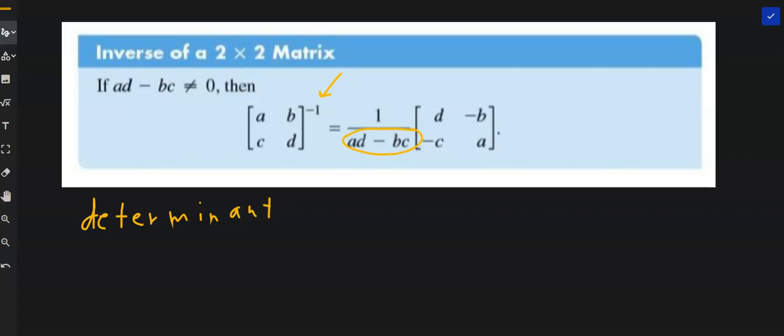Now that is this thing right here, AD minus BC. But don't get hung up on memorizing a formula. Seriously. So I'm just going to pick a matrix, make one up here: 2, 5, -1, 3. Nah, we'll make it a -3.